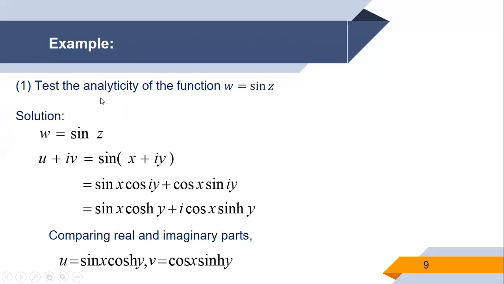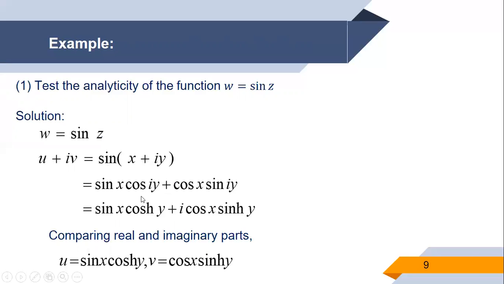So now, first, w is equal to sin z. We replace w with u plus iv, and z with x plus iy. So u plus iv is equal to sin(x plus iy). Sin(a plus b) is sin a cos b plus cos a sin b.